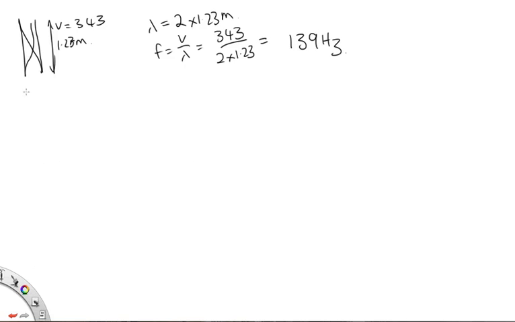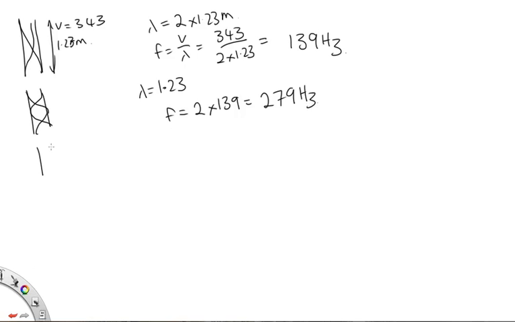For the second case, we have a full wavelength in there, so the wavelength is equal to 1.23. Actually, we don't have this 2 here now, so our answer is double this, it's 2 times 139. Keeping all the significant figures from this one, we end up with 279 hertz.